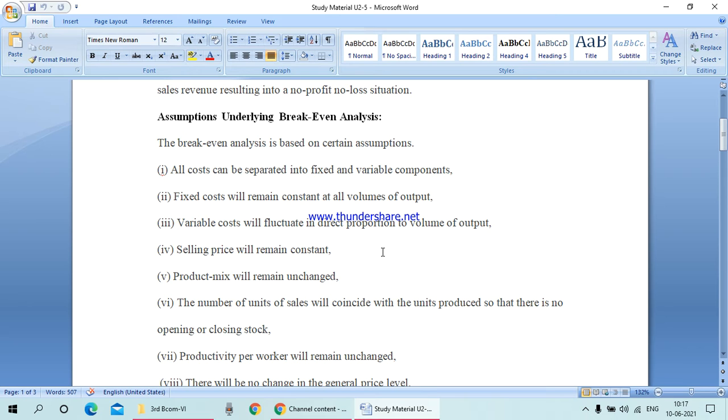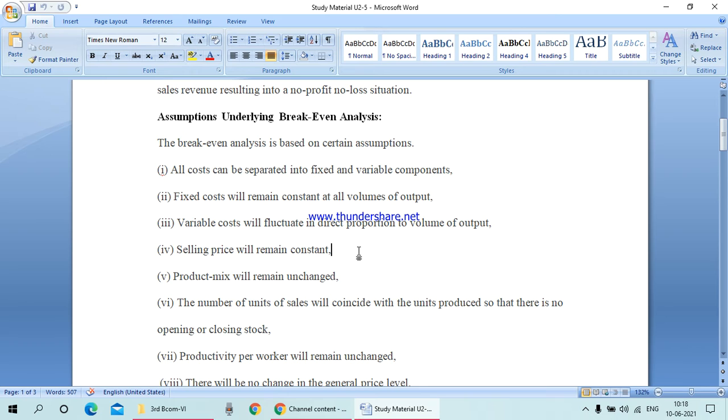That means if 1 unit of production is increased, there is also a corresponding increase in the cost. That is, variable cost increases with increase in the volume of output. Then selling price will remain constant.